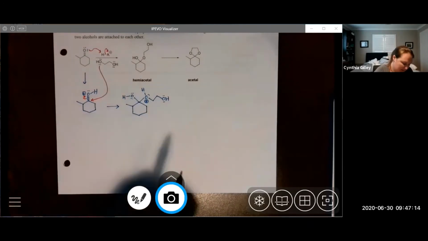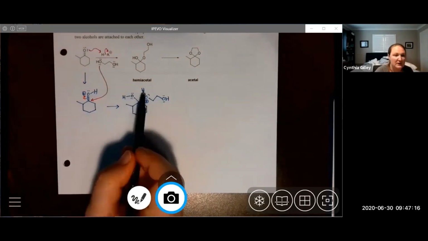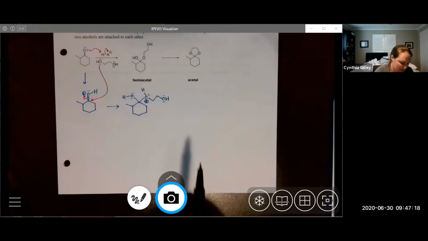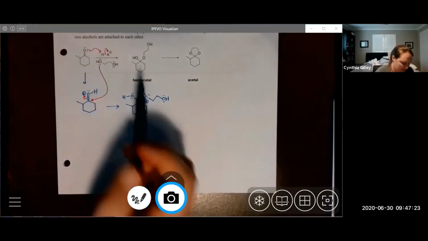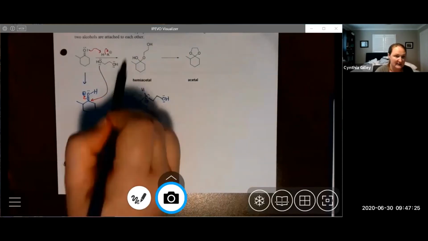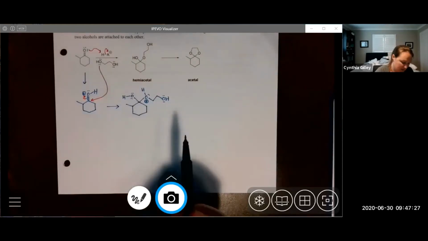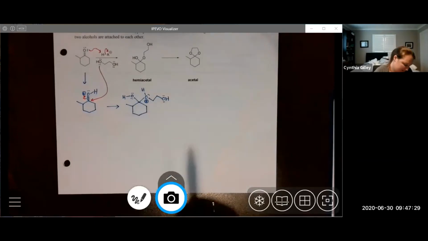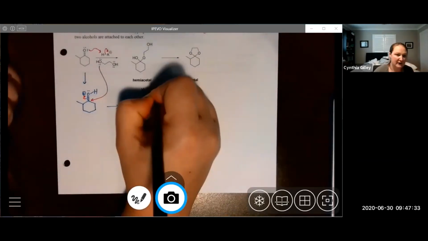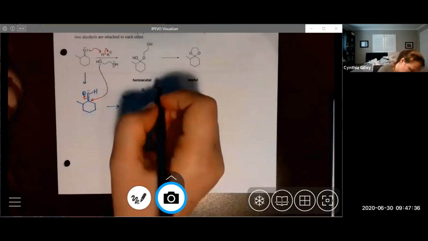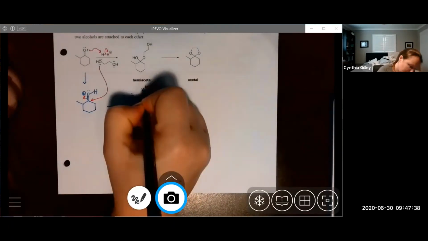Okay, so before we can protonate here, we need to deprotonate here. That will get us to neutral, and then we can get a positive charge. We also have the clue of looking to see, okay, we need to get to this acetal. We're very close, we just need to remove this group. Okay, so there's lots of ways you could think about it, but the next step needs to be a proton transfer.